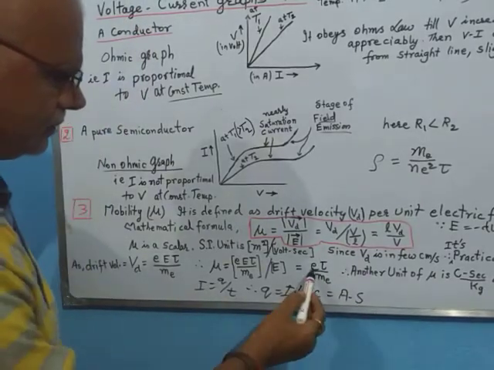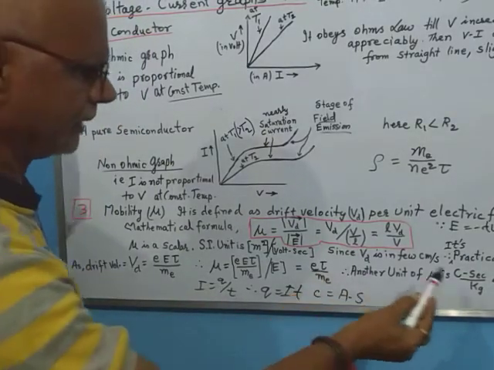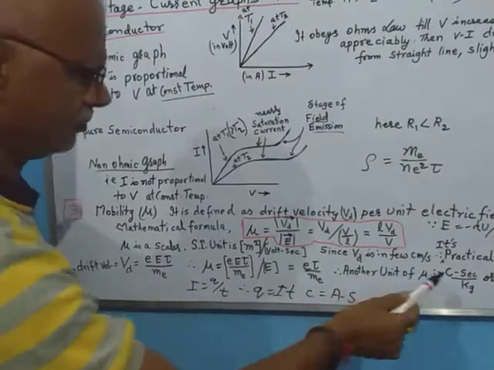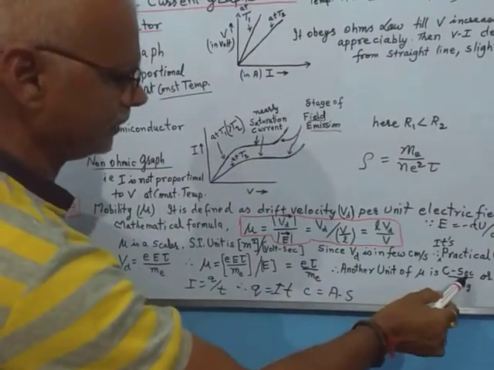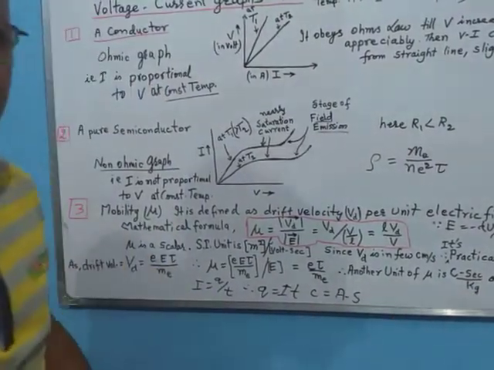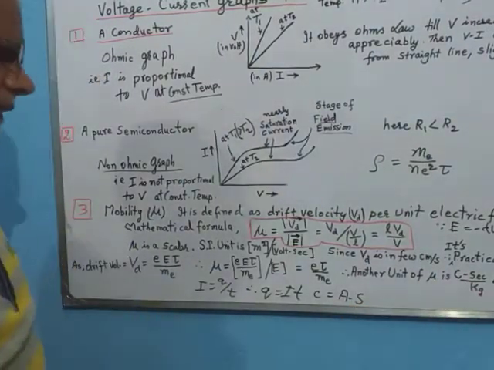So for coulomb we can write ampere second, and 1 second was already there in the numerator, so it becomes ampere second square, divided by kg.